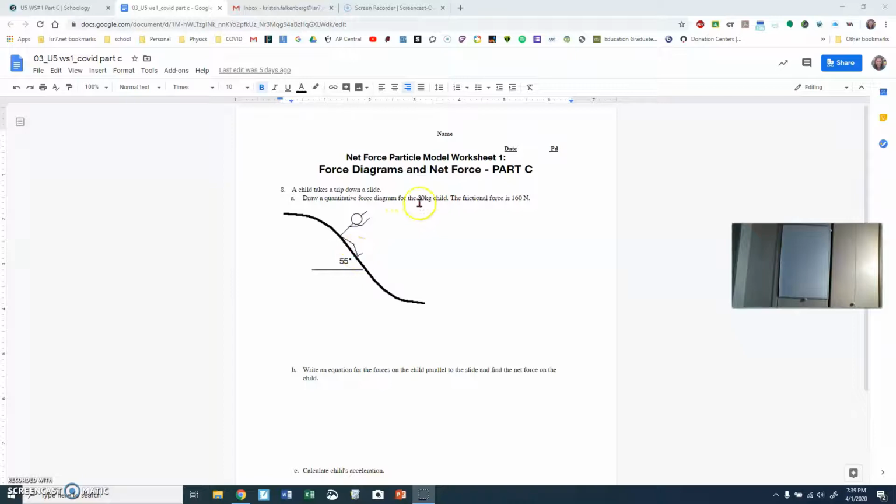So I've got a kid, 30 kilograms, going down a slide with an angle of 55. So let me get that up. Sorry, new location. Today was trying to figure out how to get wireless for this setup.